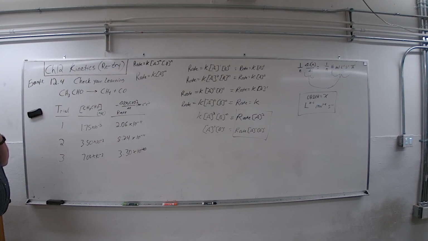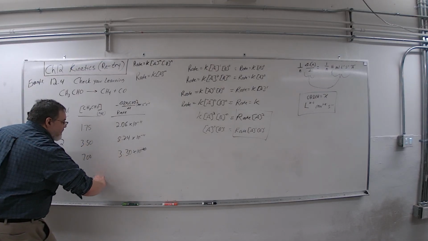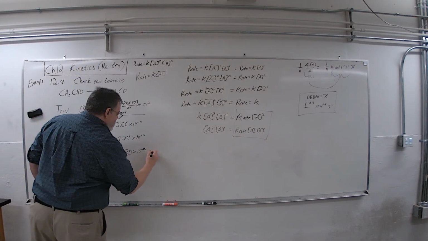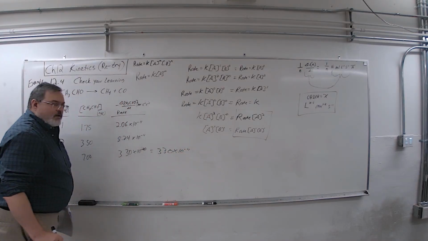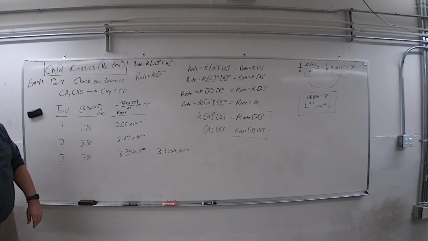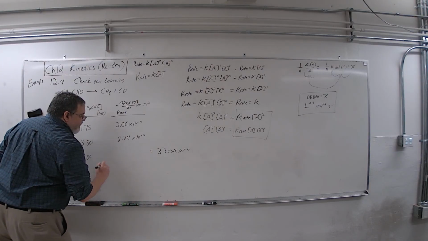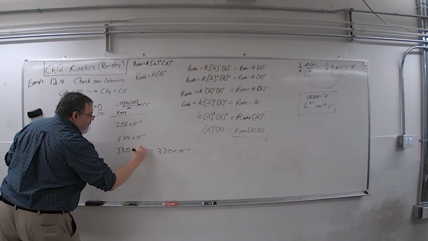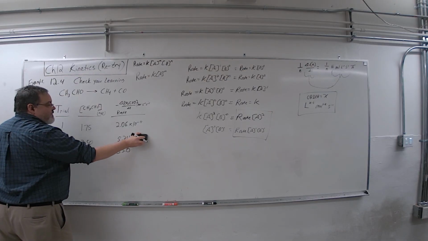So let's simplify it like we did before. These are all 10 to the negative 3, so we can drop those. Negative 11, negative 11, negative 10. So this one equals, do you agree? So then if I get all these into the same powers of 10, then I can go. And we simplify these.